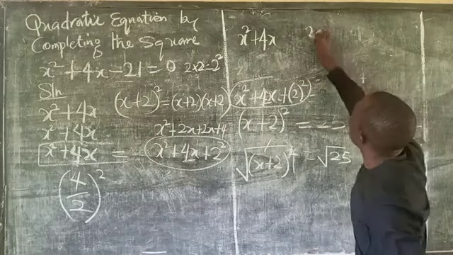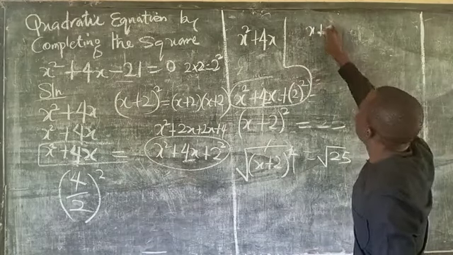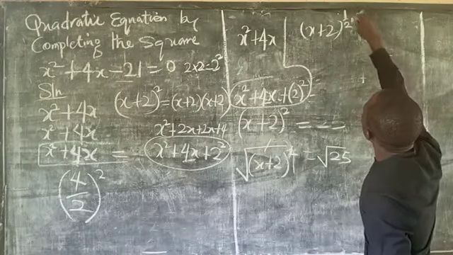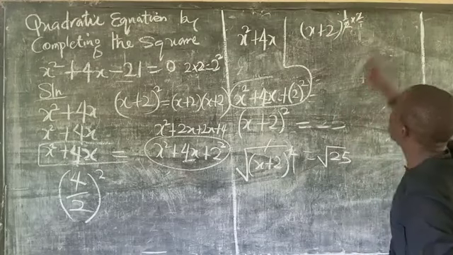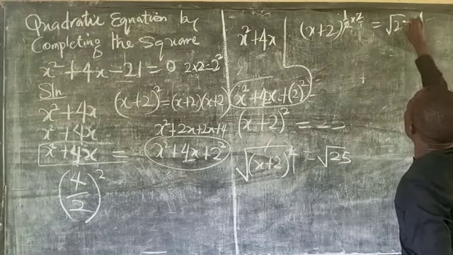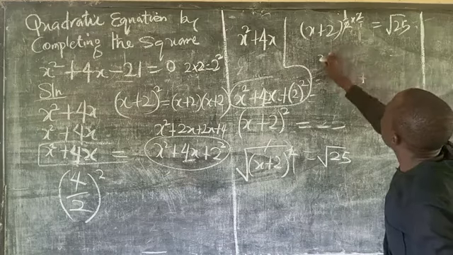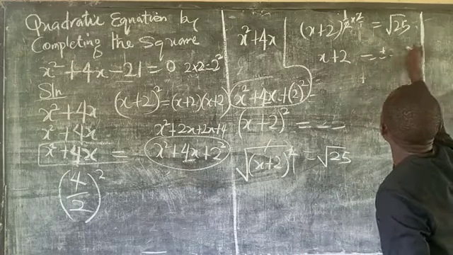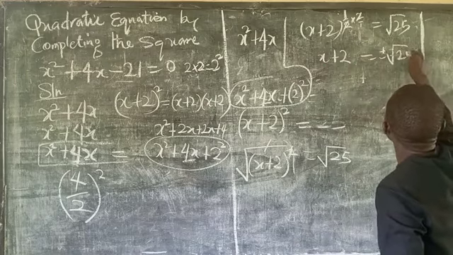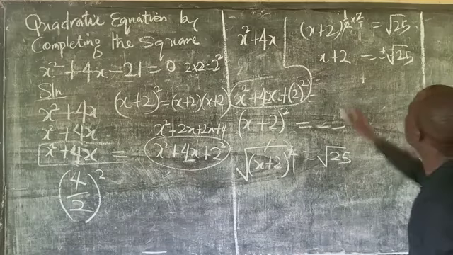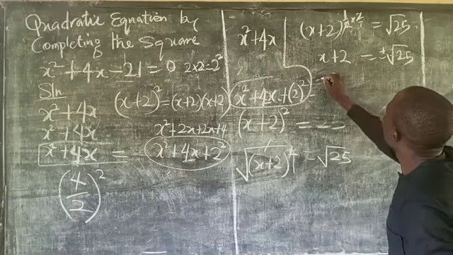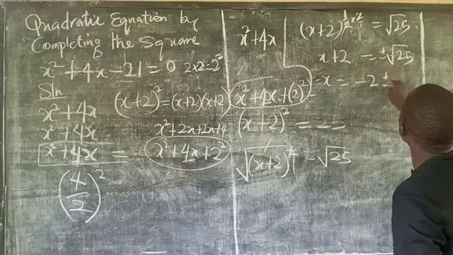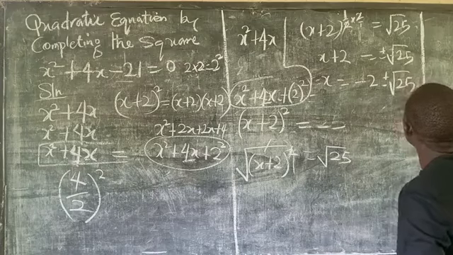So this actually is s plus 2 raised to power 2, times 1 over 2. So the 2 cancels out. It will be left with s plus 2 equals plus or minus square root of 25. You see? So s equals minus 2, this 2 is coming to this side, plus or minus square root of 25.